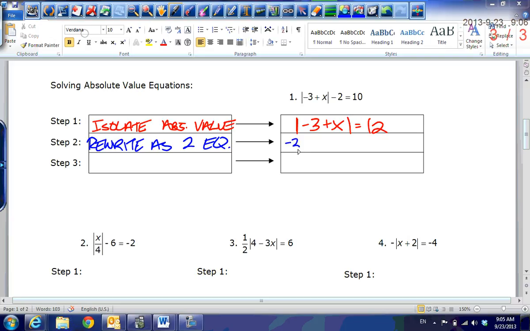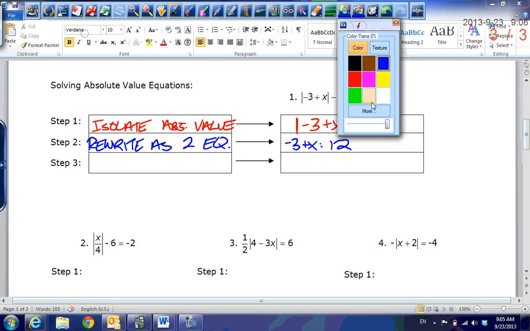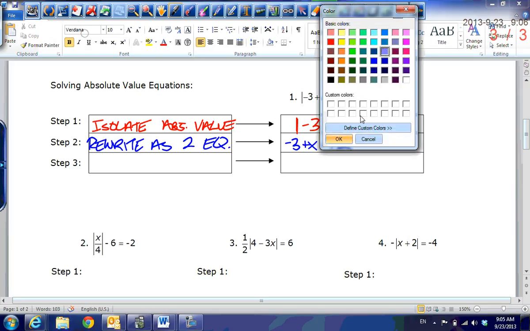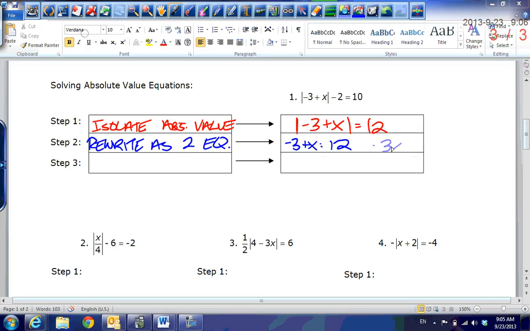So it's going to be negative 3 plus x equals 12, and negative 3 plus x equals negative 12. The first time we rewrote it exactly like it was without the absolute value. The second time we rewrote it without the absolute value and with a negative 12.